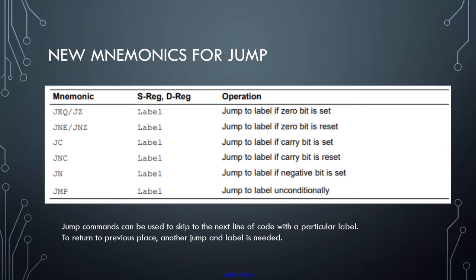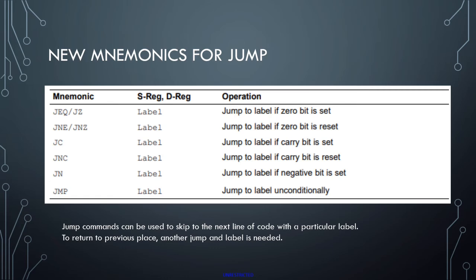So here's a little table of commands that we can use. We can jump to the label if the 0 bit is set in this first one. We can jump to a certain label if the 0 bit is reset. And so what this refers to, you might have remembered that we have special registers when we're programming, right?